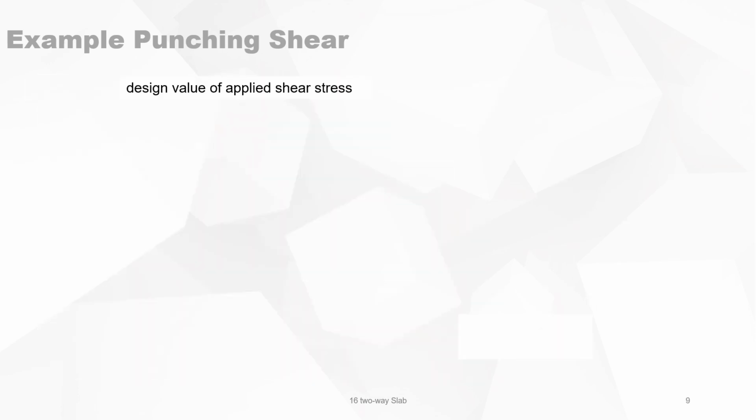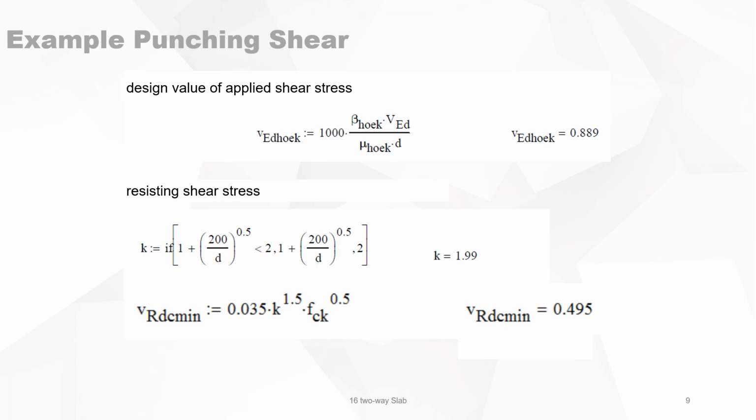The design value of the applied shear stress for the corner is then equal to 0.889 megapascal, and the resisting shear stress of the concrete is then equal to the following. We first calculate the k factor, which is 1.99, and must always be smaller than 2. vRd,min, the absolute minimum that you can always use, is given by this formula and is 0.495 megapascal.